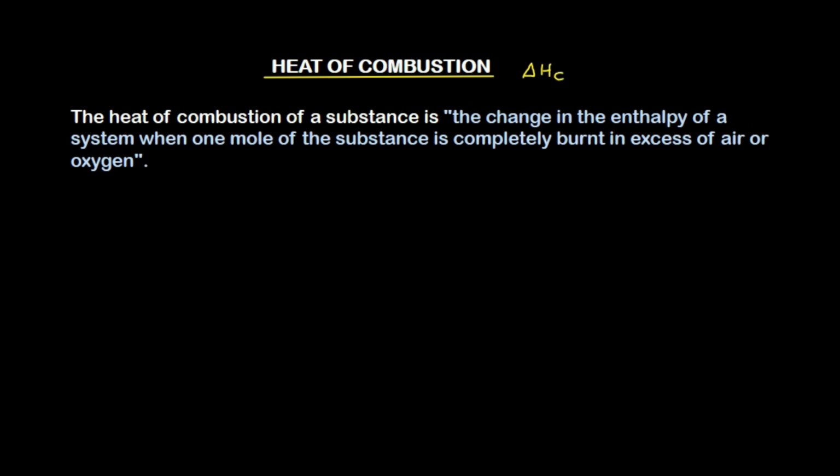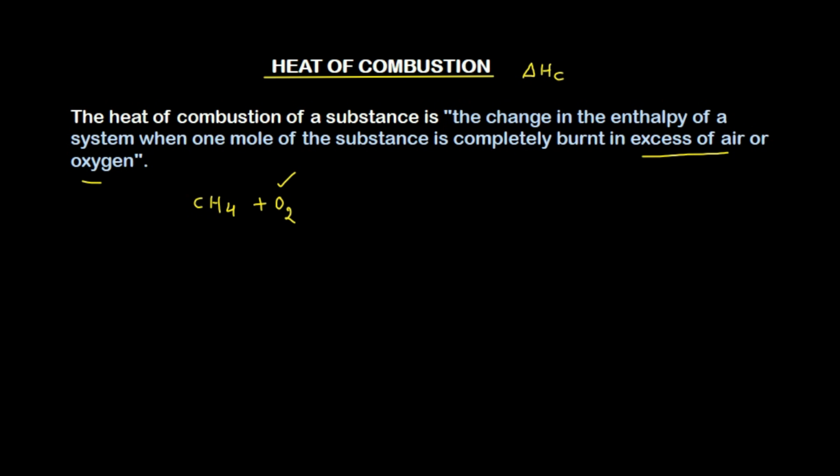So how can you understand the concept? Say for example, you have a molecule of methane in a sufficient supply of oxygen. Air contains oxygen, and oxygen helps in the combustion, so only oxygen will be helpful in burning the compound. That's why it is written in excess of air or oxygen.